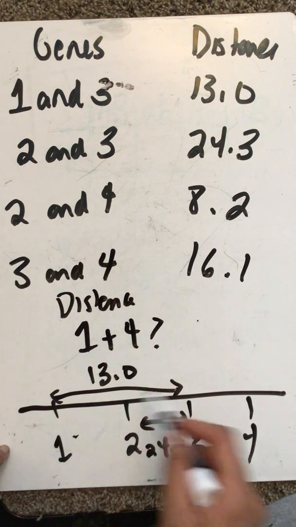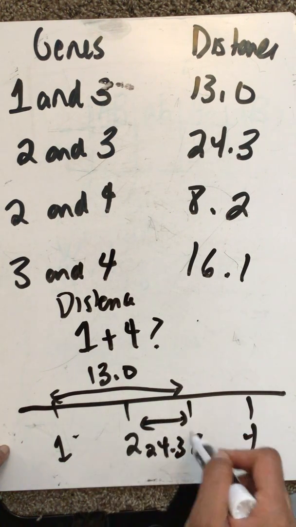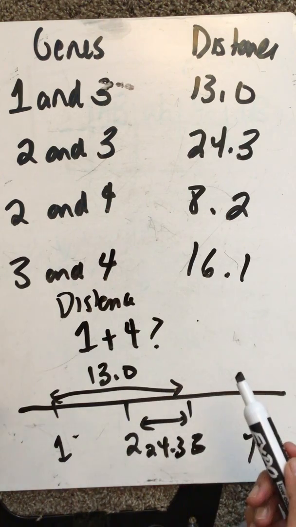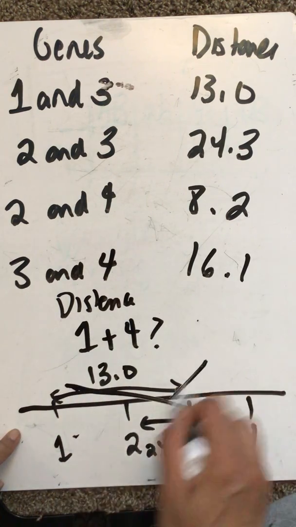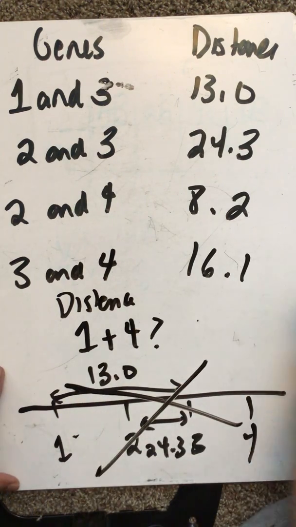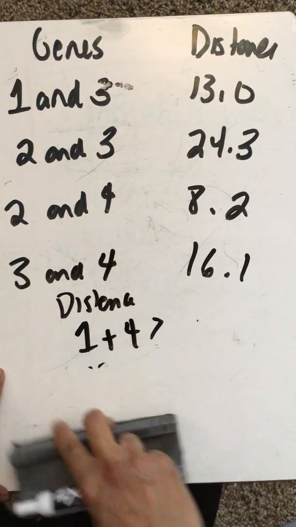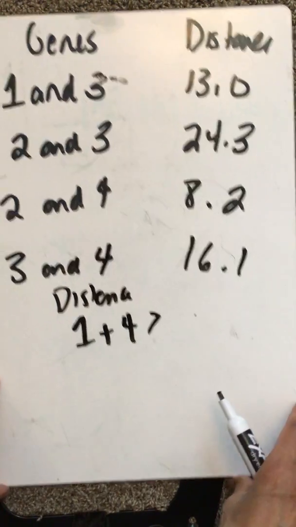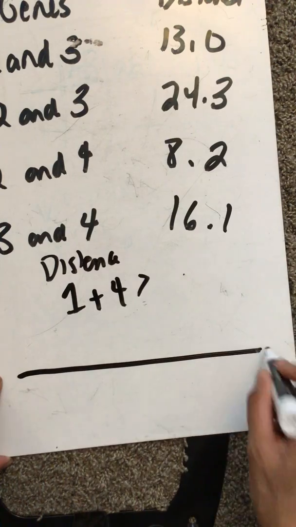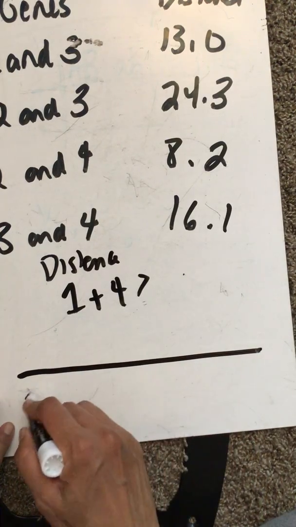The total distance between 1 and 3 should be 13, so there's no way that could be 24.3. That makes no sense. See what I'm talking about? So then, I already figured out the answer. It was 2, 4.